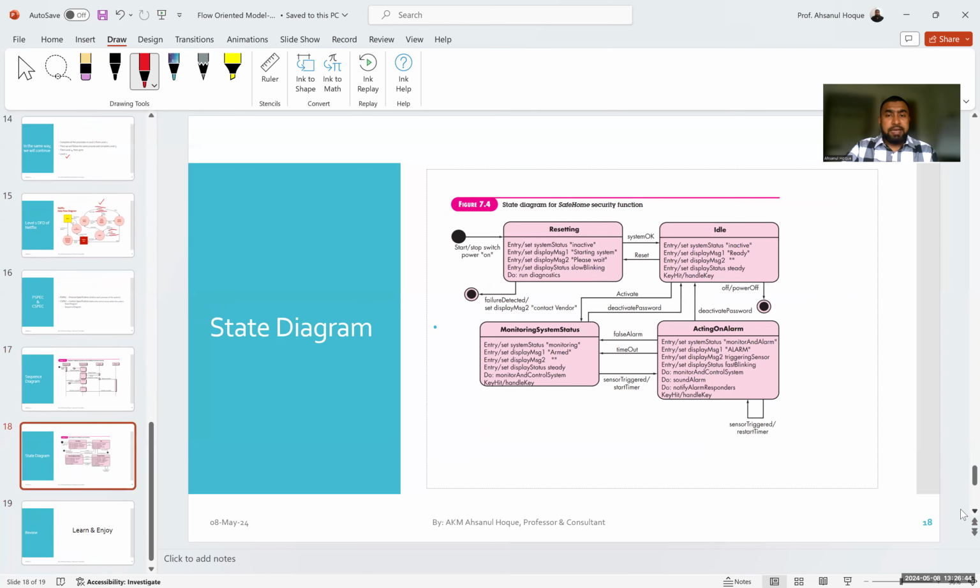We can also use the state diagram, where the system moves from one state to another state. It has three parts: the state name, the state variables, and the state activities. State activities are basically an entry activity, a do activity, and an exit activity.